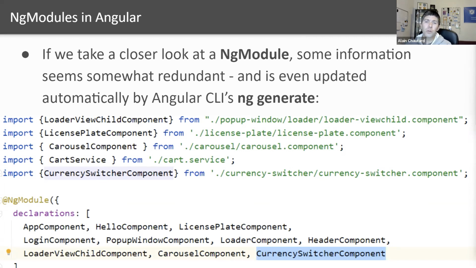But if you're new to TypeScript and Angular and the web in general, you're like, why do I need to declare these things twice, import them up front, and then put them in that decorator? So it seems a little bit redundant.